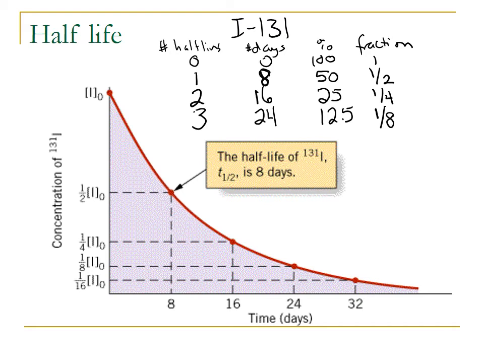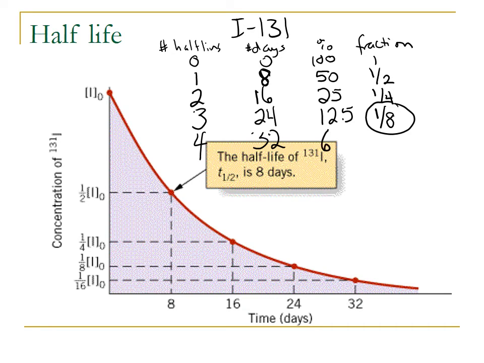Now, this is actually where you can stop with the problem, because the problem says what fraction of the initial would be left, and you'd be left with 1/8 of what you started with. But let's go a little bit further. I want to do 1 or 2 more just to make sure that you understand the concept. So 4 half-lives, that's going to be 32 days after you started.